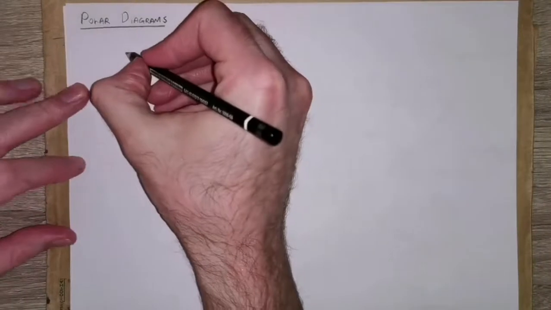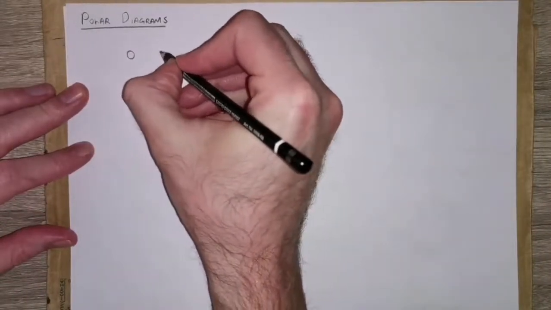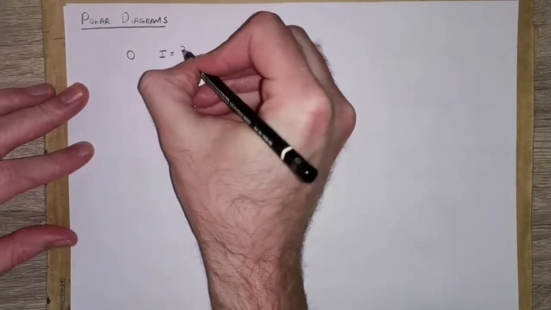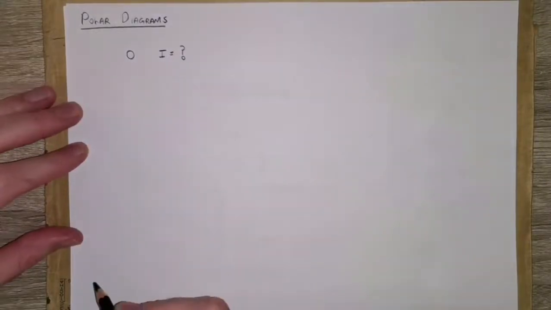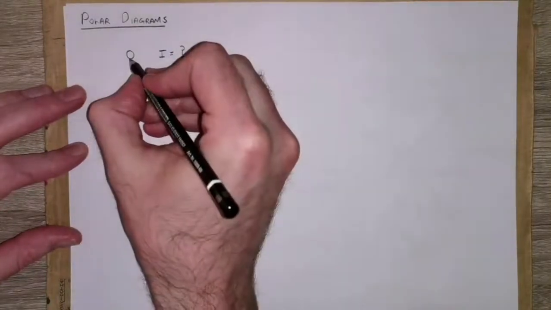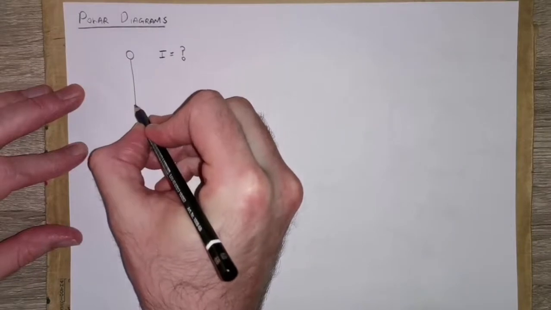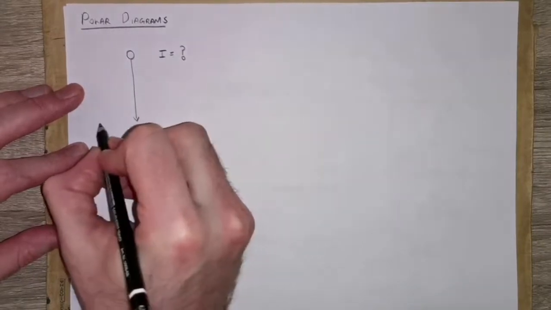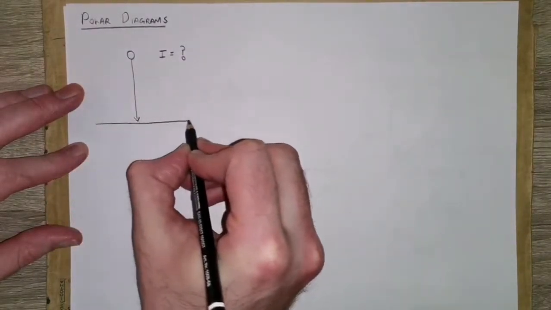Now let's assume we have a source, but we don't know what the luminous intensity is yet, so we'll leave that. And we'll first consider just the case of directly beneath it, or perpendicular.